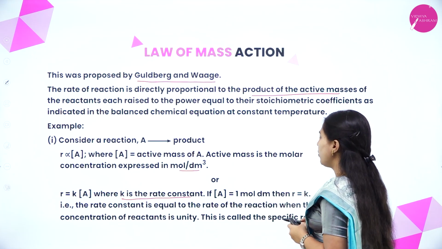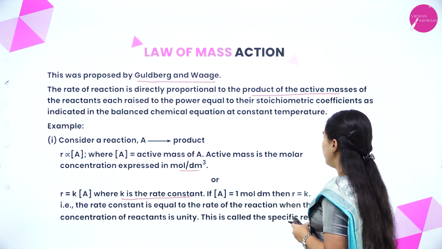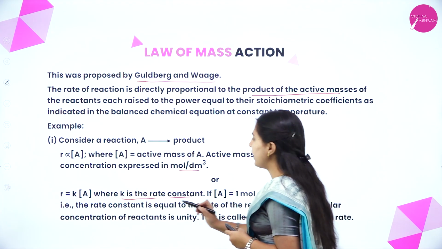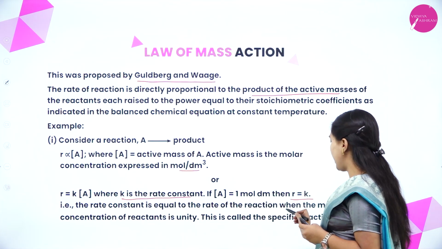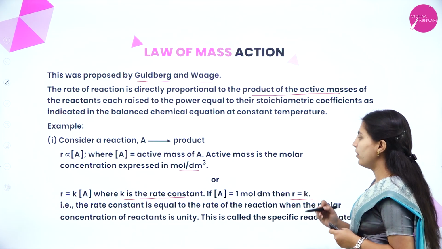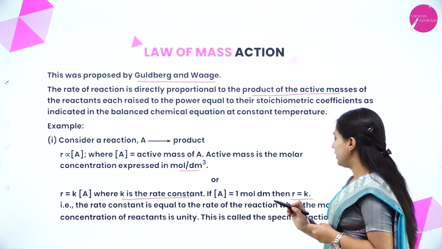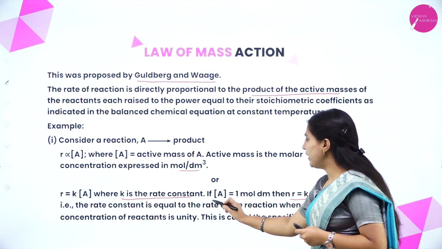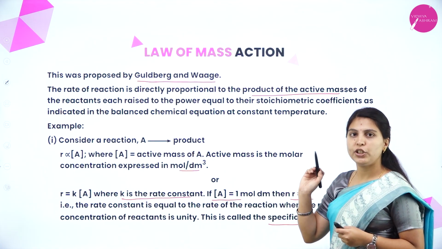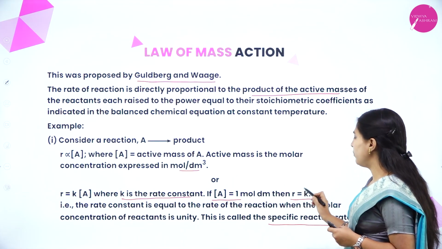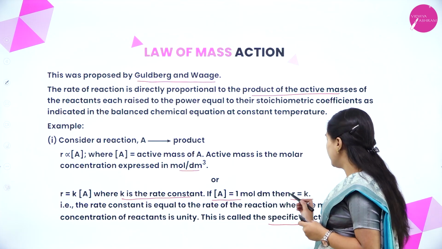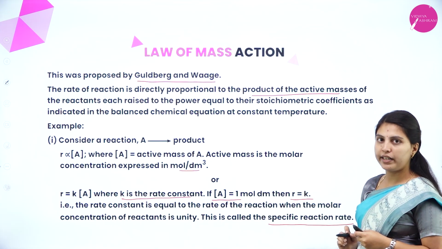If concentration of A is equal to 1 mole dm cube, then R will be equal to K. That is, the rate constant is equal to the rate of the reaction when the molar concentration of reactants is unity. This is called specific reaction rate. What they are telling is, if the reactant is at unity, obviously R will be equal to K. Okay, this is called specific reaction rate.